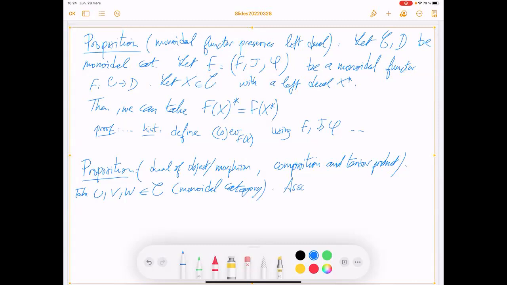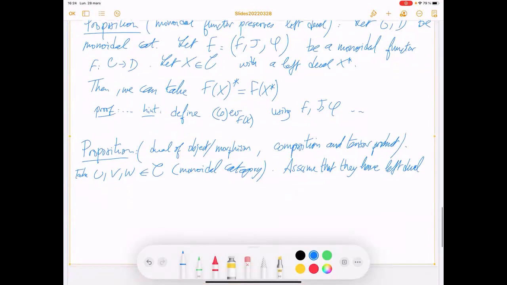Assume that U, V, and W have left dual: U star, V star, W star.